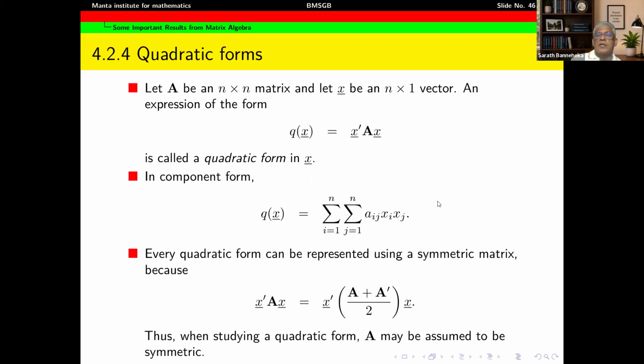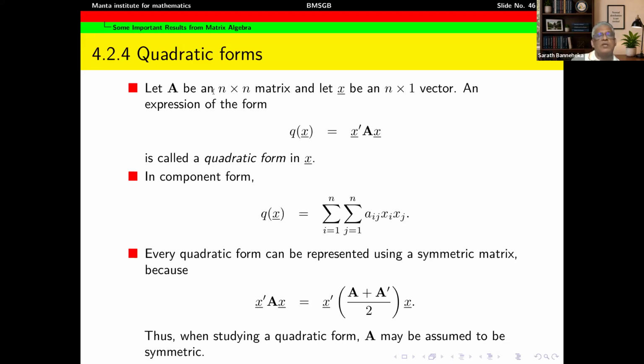Right. So then I present you some definitions and some results for something called quadratic forms. This is also useful in multivariate analysis, especially in our discussion about the multivariate normal distribution. What is a quadratic form?